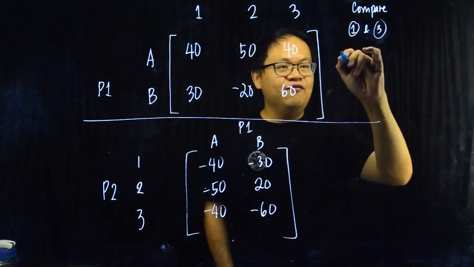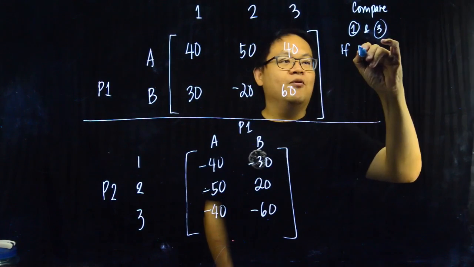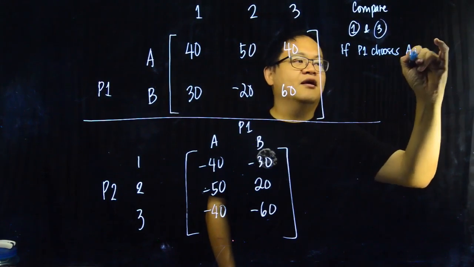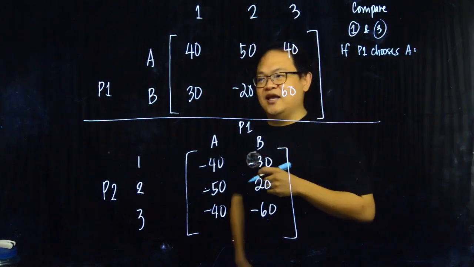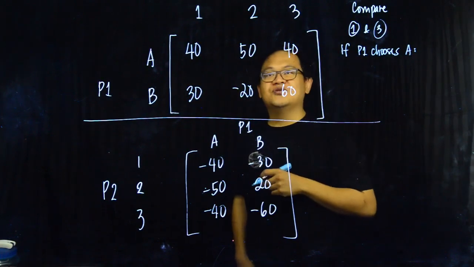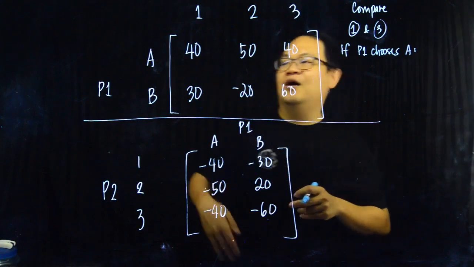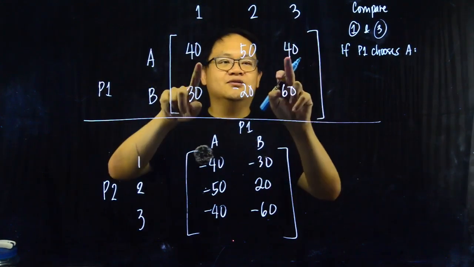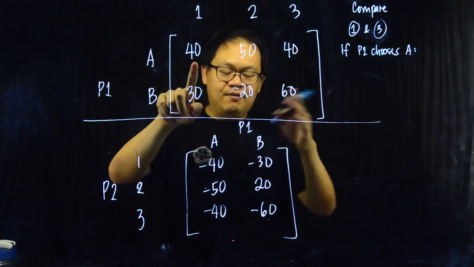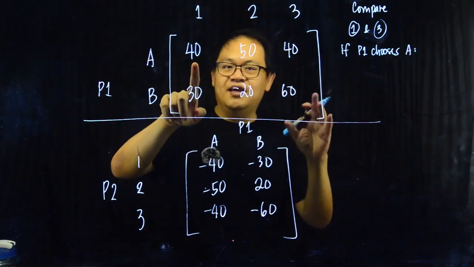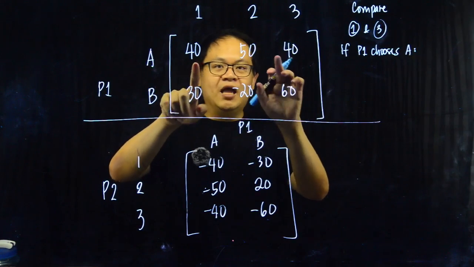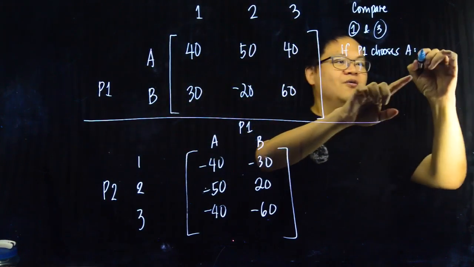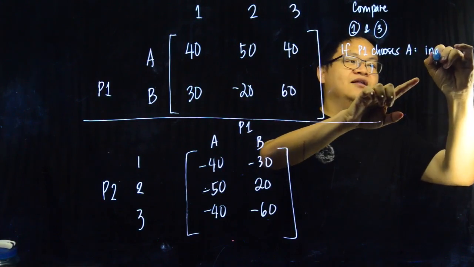Okay? So if player 1 chooses A. Now, if player 1 chooses A, what will be the choice of player 2? So player 1 chooses A and you're comparing 1 and 3. So we're looking at these two numbers. Remember the Hong Kong, USA, and Japan example a while ago? In this case, these two numbers are the same, and therefore, what you can say is you are indifferent.